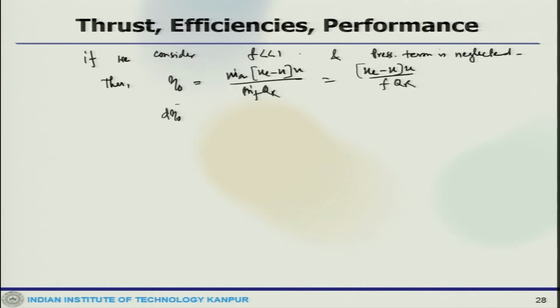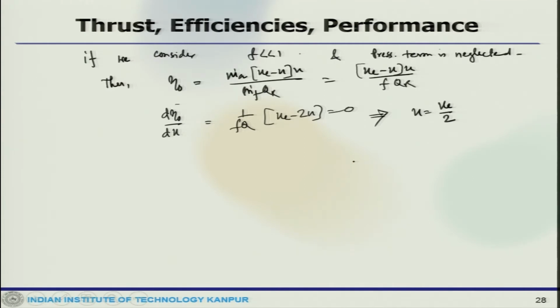So, we can write 1 by f Q R times (u e minus 2u) equals 0, that gives u equals u e by 2.